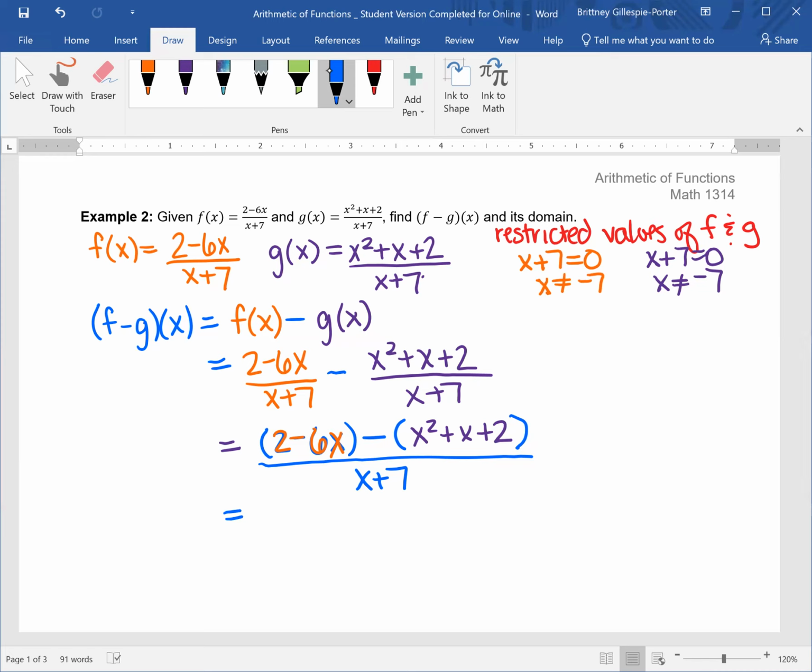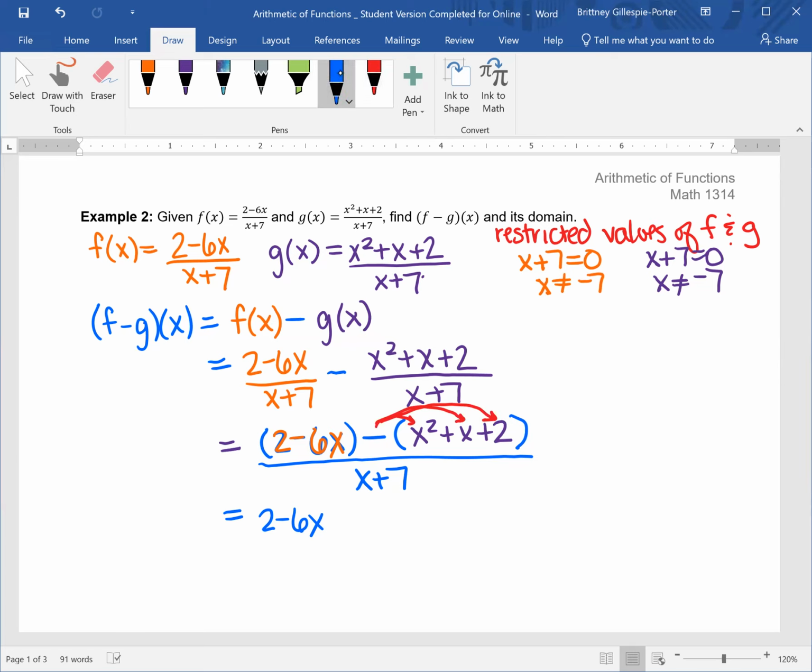In my 2 minus 6x, which is at the front, there's no number out front to distribute. There's no negative to distribute. So I'm going to drop my parentheses, 2 minus 6x. But in the g, in the purple, we need to distribute that negative all the way through all 3 terms.